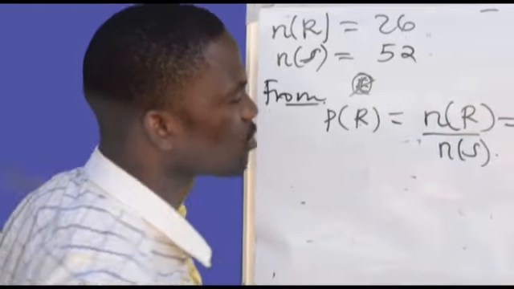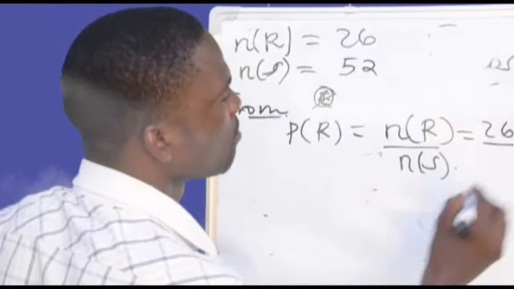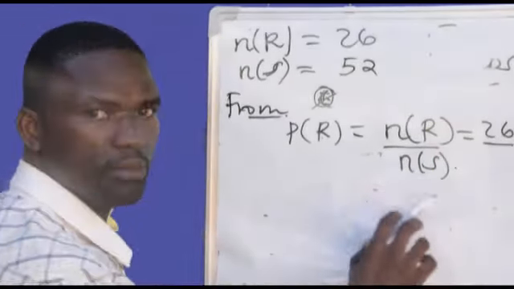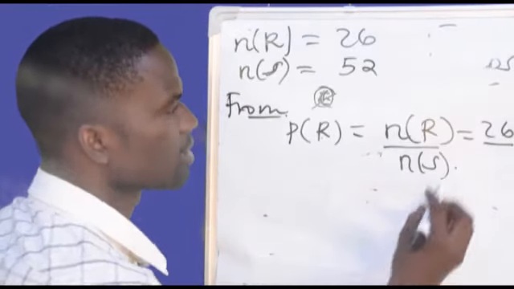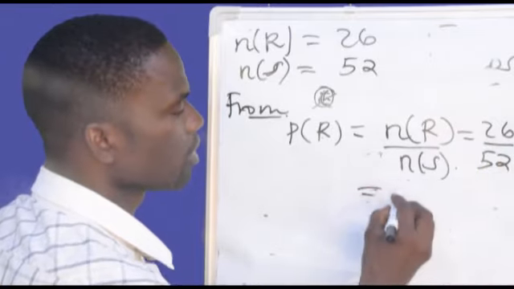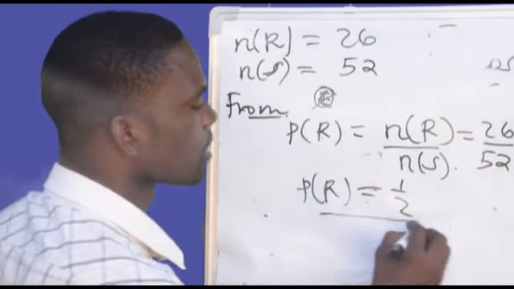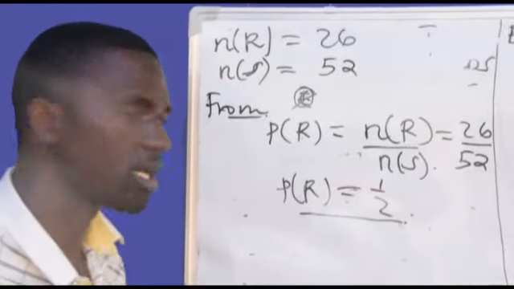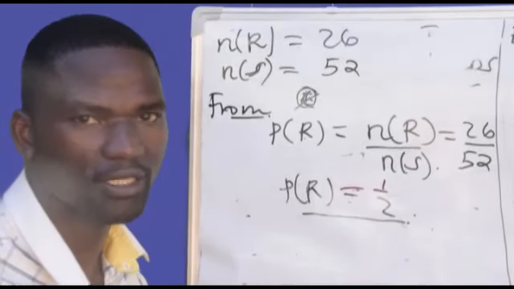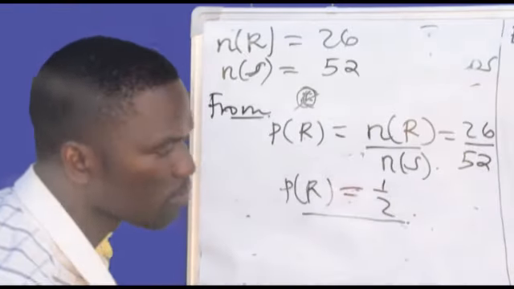The number of red cards is 26 over the number of cards, which is 52. If we simplify, you get a half. So the probability of drawing a red card is a half, a fifty-fifty chance for sure. So this is how you solve part A.